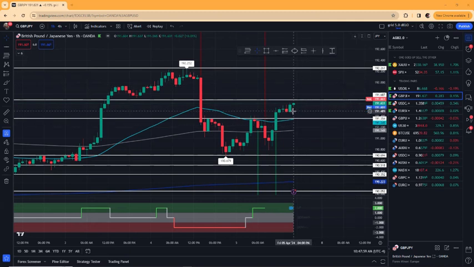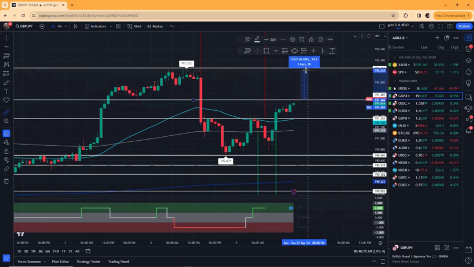Price could come back down and hit this level and reject off it, but ultimately I'm looking for price to close above this level and go to the next level. That'd be an easy win, a simple trade. That's like 57 pips right there, but we've got to be patient and wait.